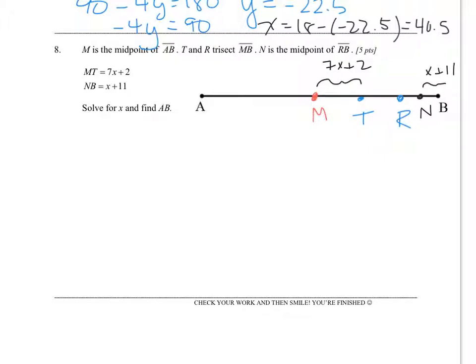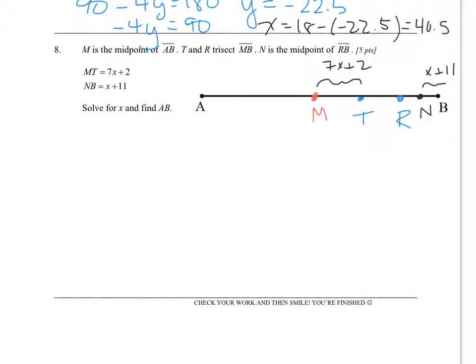So the easiest thing to do here is to try to think to ourselves, well, how does this segment, NB, the length of that segment, relate to the length of MT? Okay, well, we should be able to see that this relationship here is that NB is half of MT, or in other words, MT is twice NB.